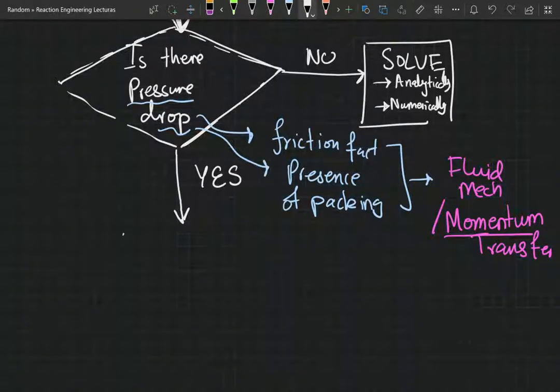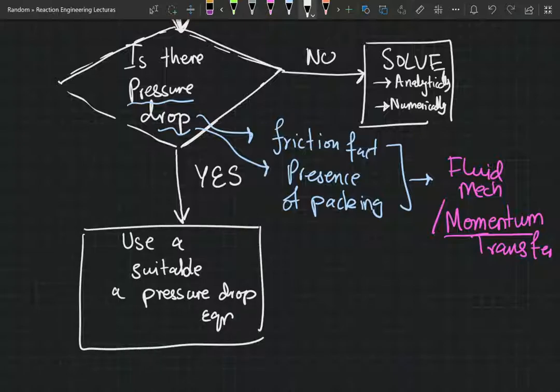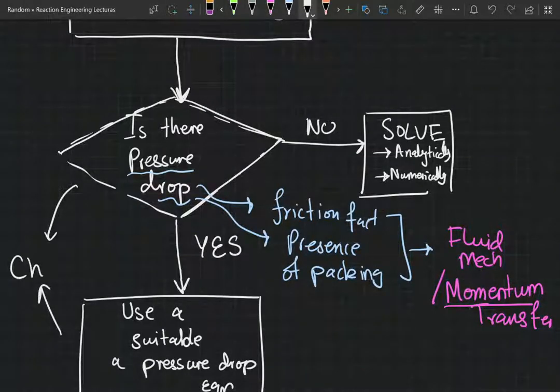So you need to use a suitable pressure drop equation. That's going to be an additional equation, a suitable pressure drop equation. And both of these are going to be explored in chapter 5.